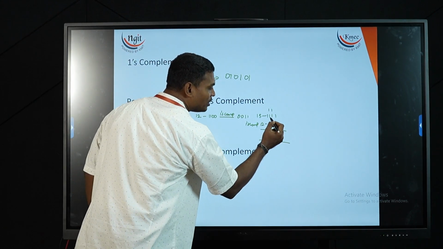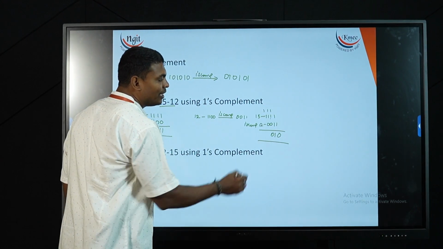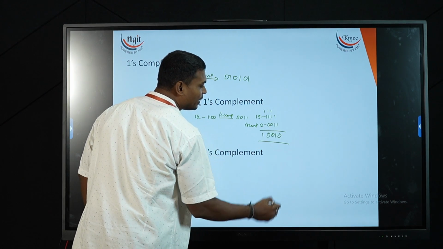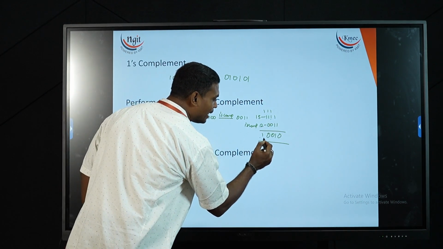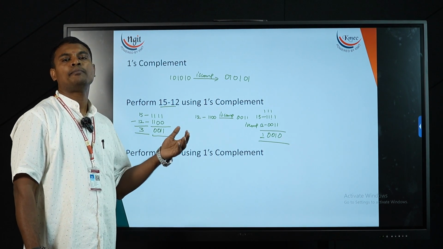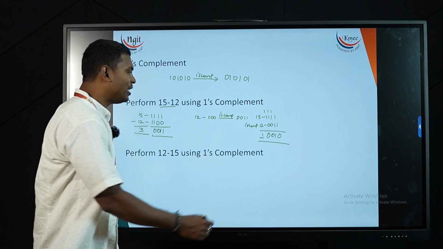Next 1 plus 1 is 0, 0 plus 0 is 0 with carry 1. Next 1 plus 1 is 0, 0 plus 0 is 0, and a carry is generated. Now if a carry is generated in subtraction, then the number is positive and I should add that carry to my result.